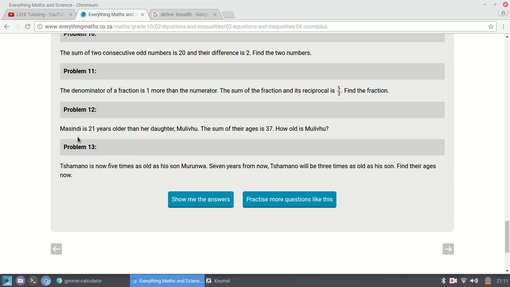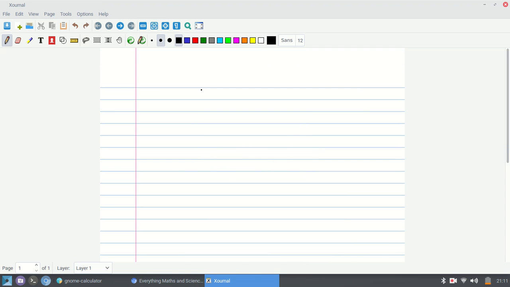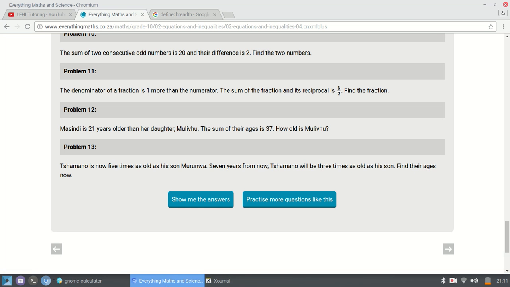Now, Masindi is 21 years older than her daughter. The sum of their ages is 37. How old is Mulivu, who's the daughter? Okay. So because they both have the same first letter, I'm going to use the second letter as a variable.